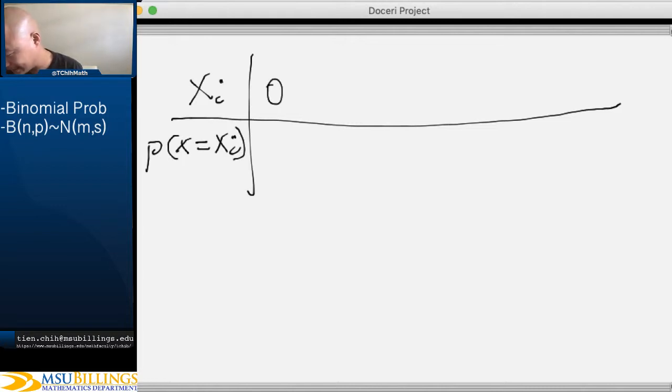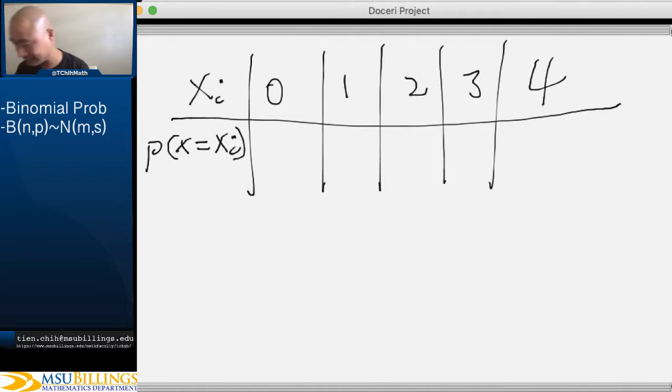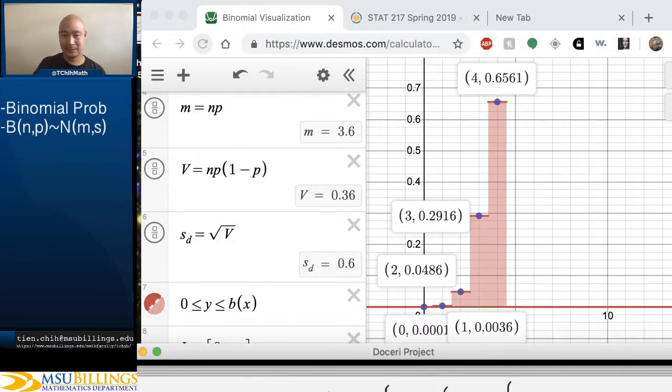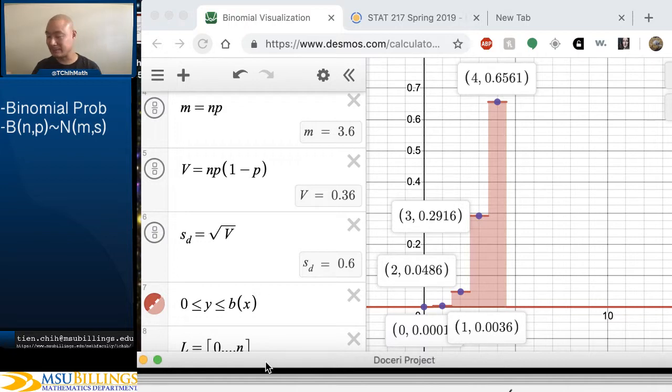So 0 baskets, 1 basket, 2 baskets, 3 baskets, 4 baskets, right? And they all have these probabilities associated with them. So we have a very small chance of missing all of them. Again, she has a 90% chance of making a basket. So missing all 4 is really unlikely, right?